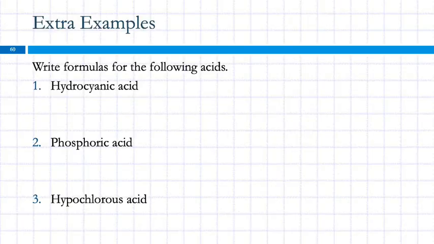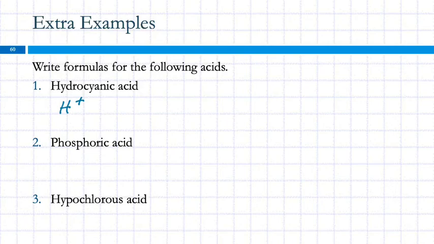Some extra examples. Write formulas for the following acids. Hydrocyanic acid. So is this a binary acid or an oxyacid? It's binary. We can tell because it starts with hydro. So it's going to be H, hydrogen ion, and something else.